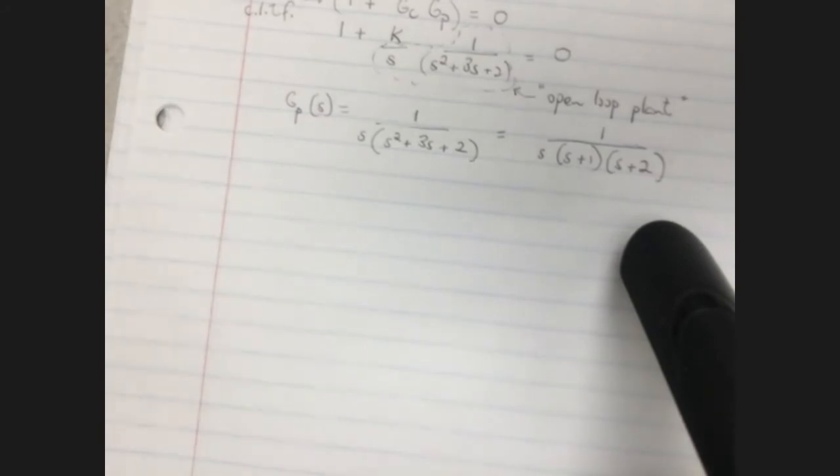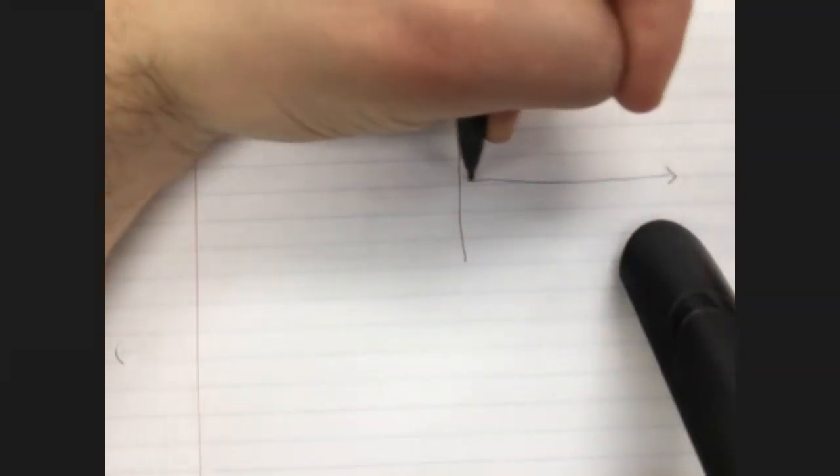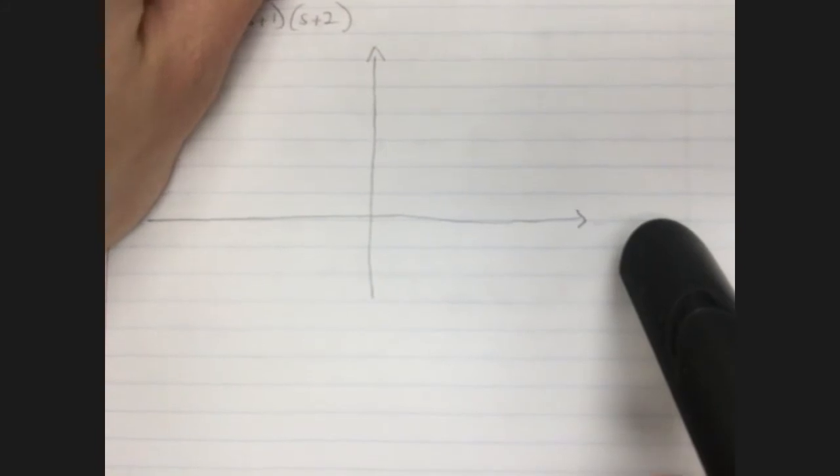I'm going to use a new piece of paper and do it fresh on a new page. So we can sketch it down here. I'm going to sketch it nice and clear. So we of course have real part of S in the horizontal, imaginary part of S on the vertical.